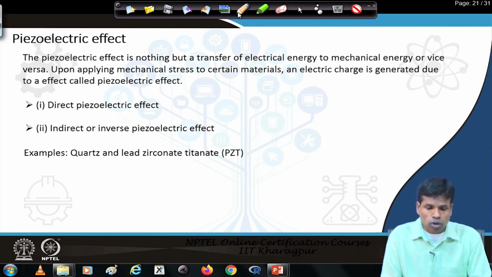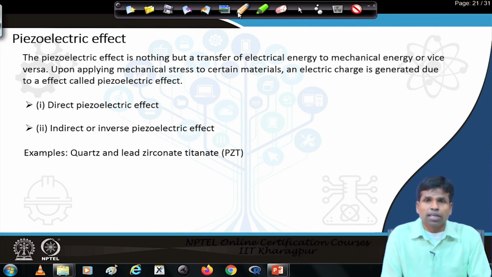Poling is done to impart the piezoelectric effect to engineering materials such as lead zirconate titanate, and it has quite high sensitivity and also a high Curie temperature. That is why it is more extensively used in many applications.